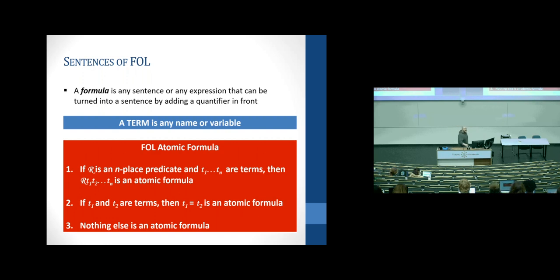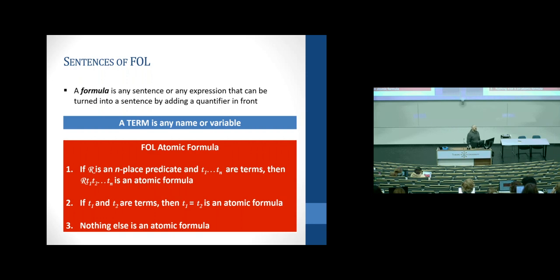So one basically tells us, if you have a one-place predicate, then predicate with one term, cool, that's an atomic formula. Could be a name or a variable. If you have a two-place predicate, loves, then the relational predicate plus two terms gives you an atomic formula. Whenever you have a predicate, you need to have as many terms as there are gaps in the predicate. And two is just to say, you can write identity in the middle.